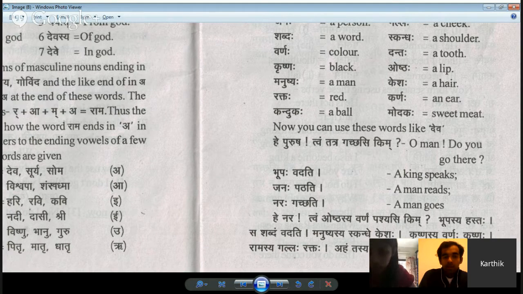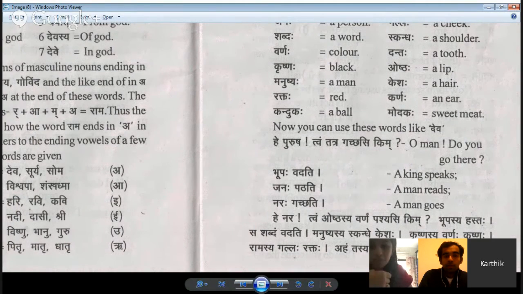Is Manushya in the Pratham? No. Keshaha. Don't say Kesh, that is Hindi. Keshaha. So Keshaha is the prathama vibhakti, and Manushya is Shashti vibhakti. We already saw Bhupasya, Oshthasya varnaha.